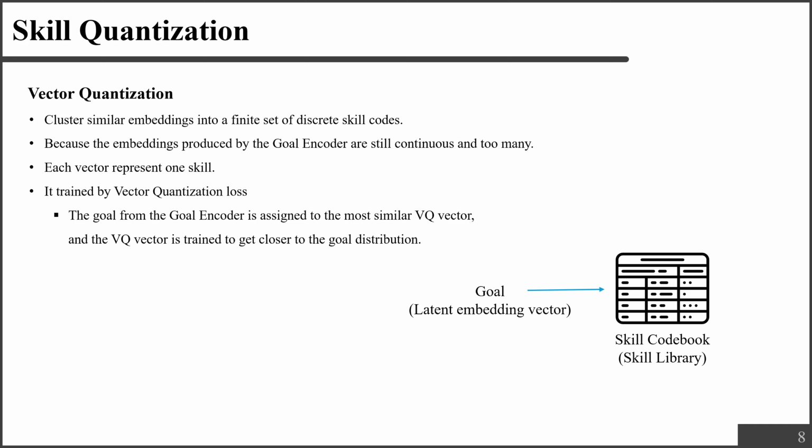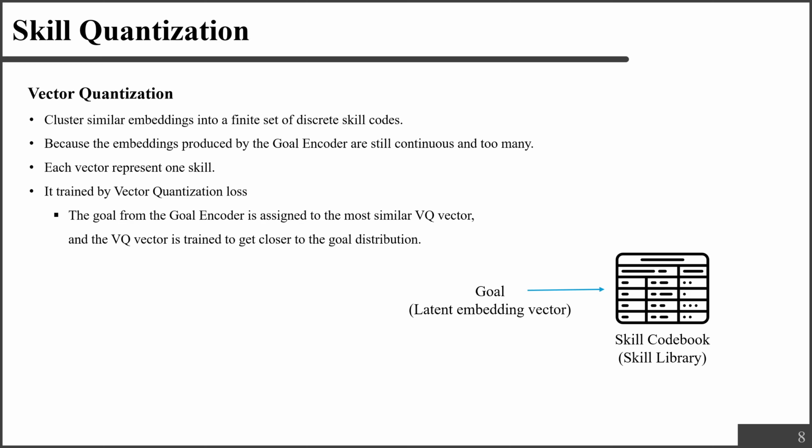The second step is skill quantization. The embeddings produced by the goal encoder are still continuous and too many. So they apply vector quantization, or VQ, to cluster similar embeddings into a finite set of discrete skill codes. This builds a skill codebook, a library of reusable skills.